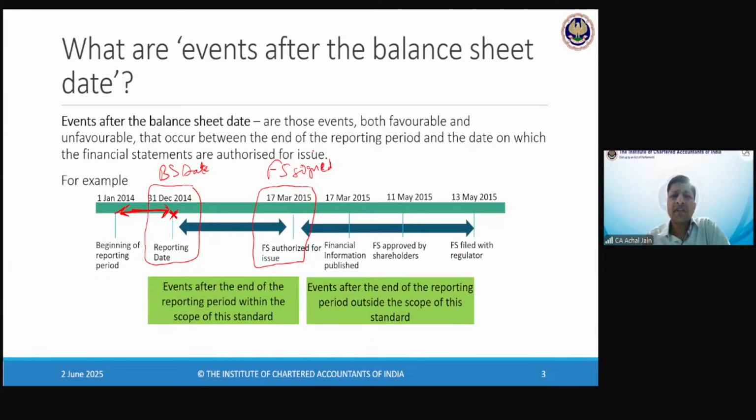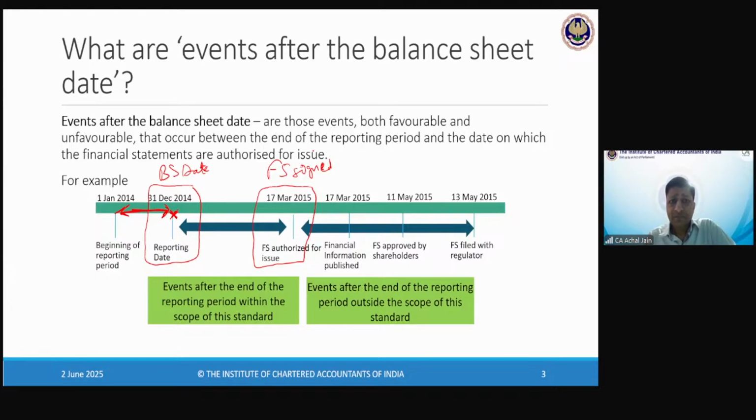So what all things will be looked at? So there are a lot of activities, more of administrative in nature. For example, they will have to be published. Okay, they will have to be printed, because this will also go for the AGM, wherein the shareholders will be looking at it. So one sort of approval of shareholders will be required.